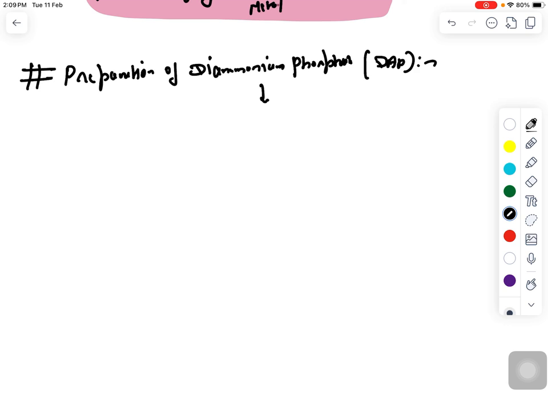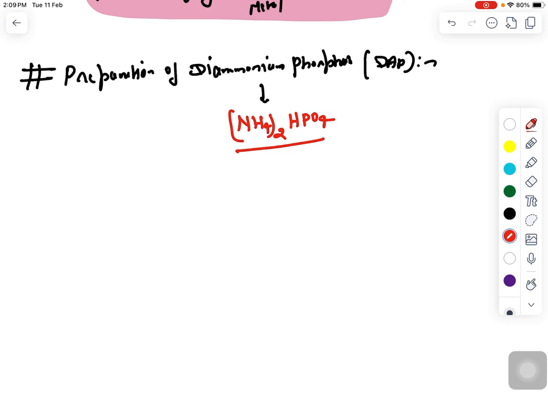If I am talking about the formula of diammonium phosphate, that will be equal to (NH4)2HPO4. This is your diammonium phosphate. So diammonium phosphate is also commonly known as fertilizer, buffer, or source of nitrogen and phosphorus in various applications. So here we'll see how this thing is getting formed.